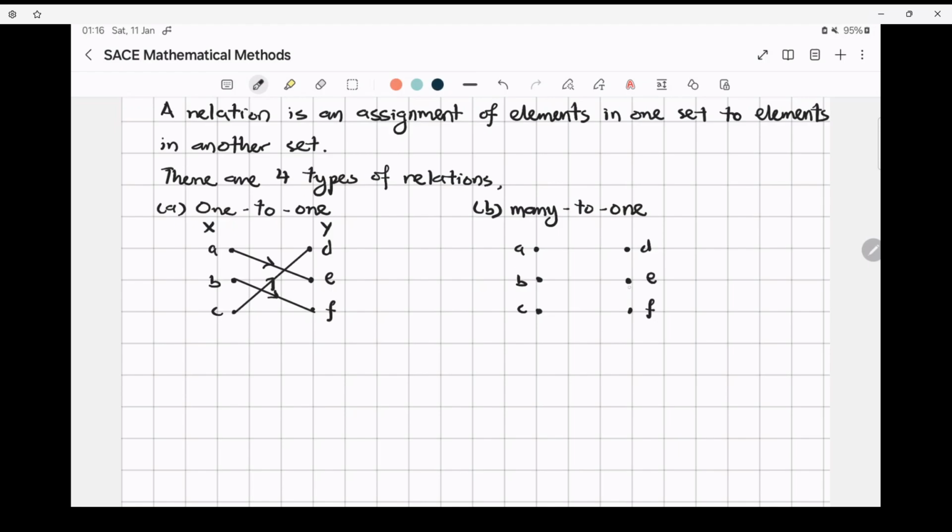By definition, you can have something like this. So a and b map to e. This is an example of many-to-one.